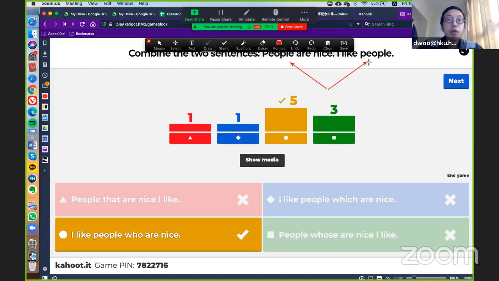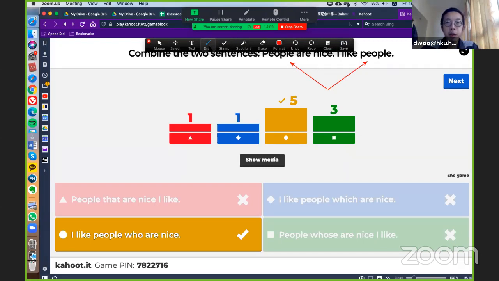So in these two sentences, you see the same word. That's the key. The key to making one sentence from two sentences is finding the same word in both sentences and then using a defining or non-defining relative pronoun to combine the sentences.